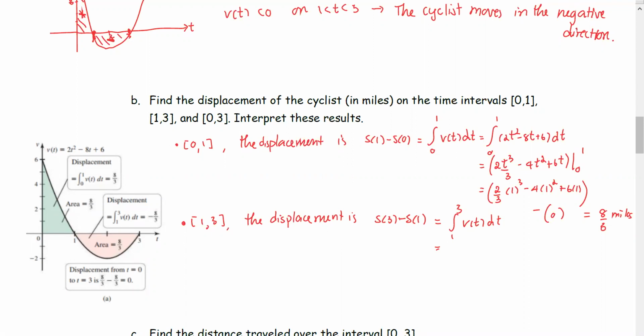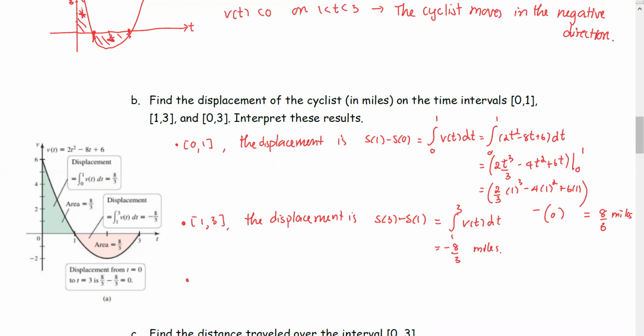We will get the quantity negative 8 over 3 miles. As you see, the area between 1 and 3 is negative on the graph.